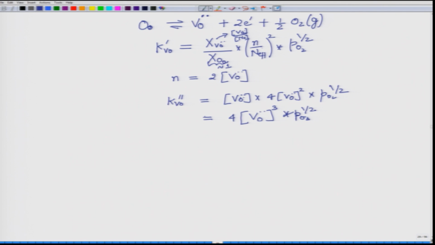So, now we will rewrite this equation so as to get the concentration of VO, and this is nothing but... and N is twice of this.